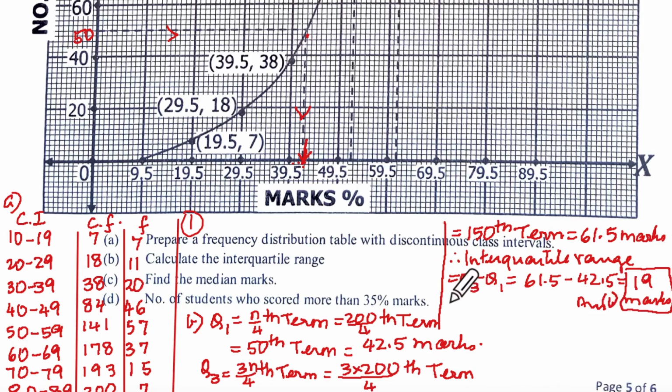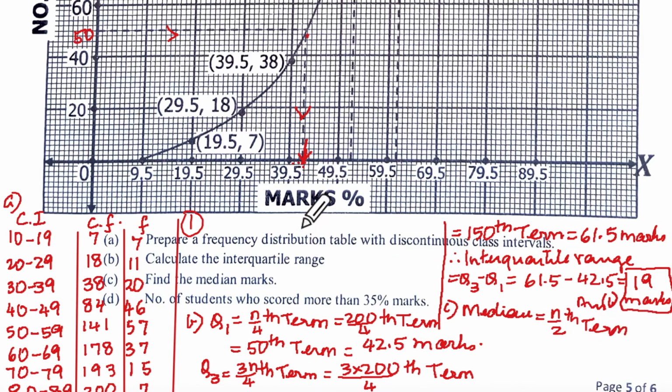Then we come to the C part, median. What will you say for median? Median is the n upon 2th term. Now remember, in case of grouped data, when we get the ogive, you'll mostly get even numbers, so n upon 2th term.